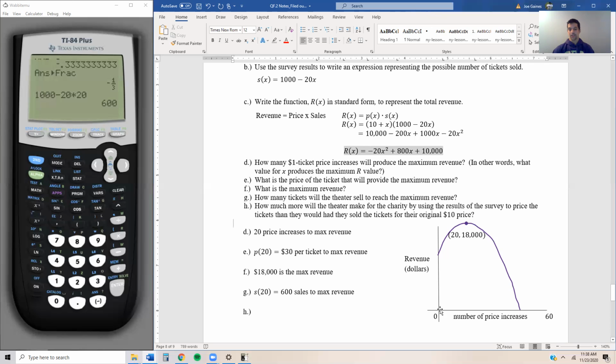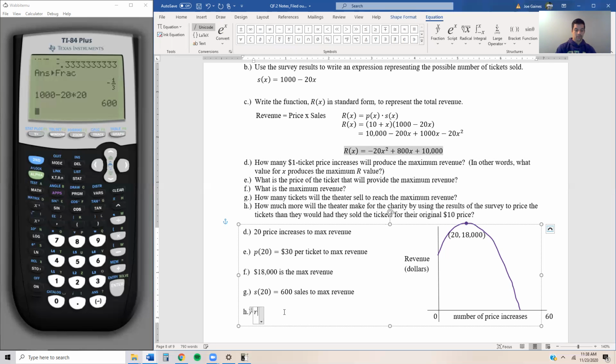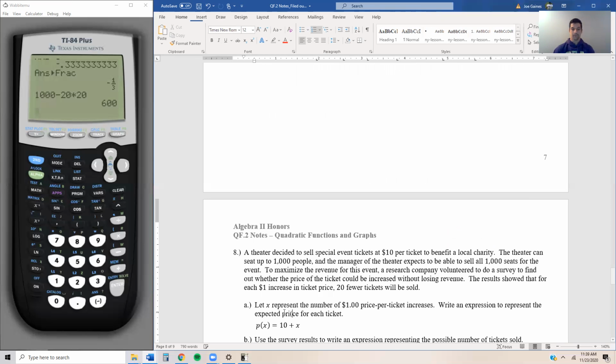If I make no change to that, that is my y-intercept. My y-intercept, if I go back to the equation, is $10,000. So what I essentially want to find is R of 20, the revenue after 20 increases, subtracted by R of 0.